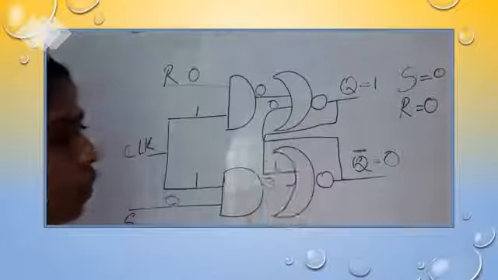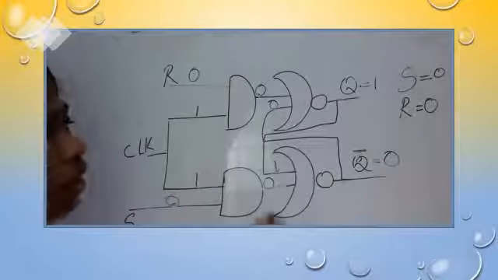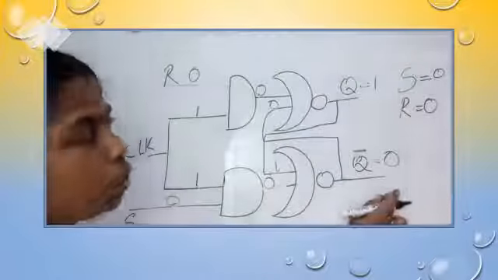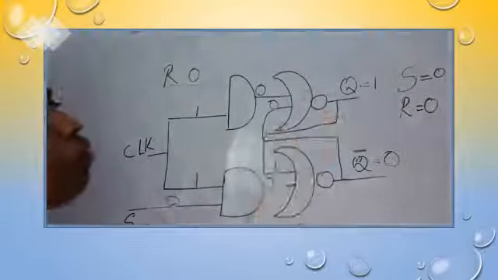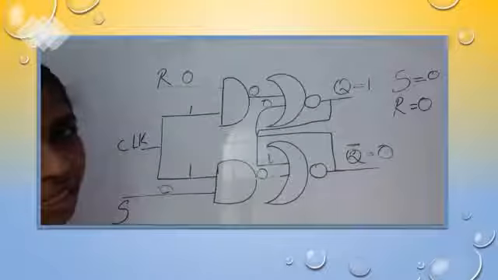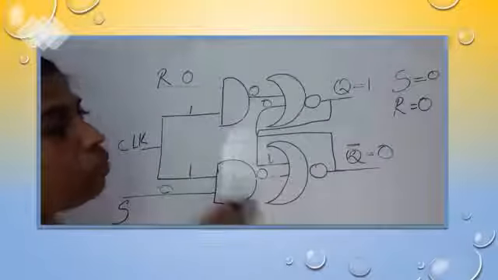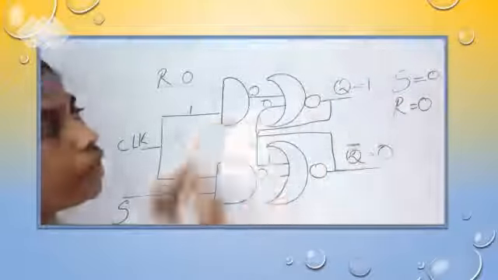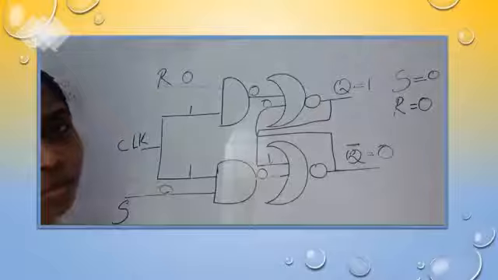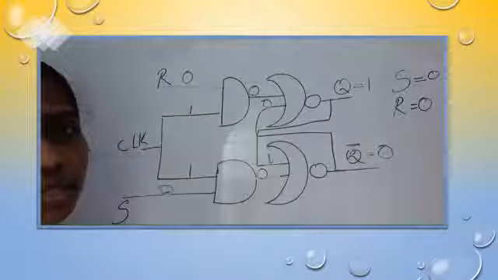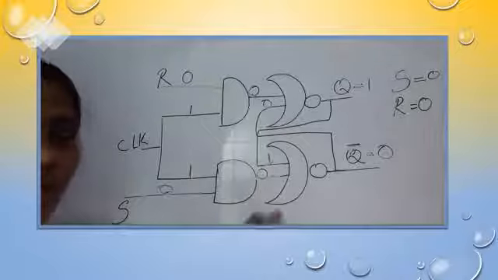In the case of a NOR gate, if any of the input is 1, the output is 0. Otherwise, it is 1. From this, we can say that the SR flip-flop will not change its previous state when the value of S and R is equal to 0. Clear? S and R equal to 0 means the flip-flop is in the previous state.